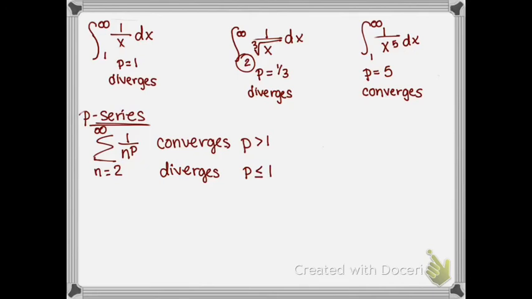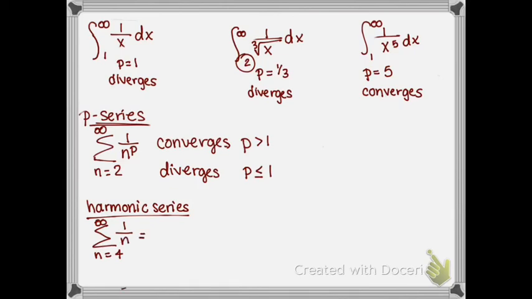One more quick little tidbit. The harmonic series is a special kind of p-series. It's the one where p is equal to 1. It doesn't matter where we start counting, n equals 1, n equals 3, n equals 4. But the harmonic series is 1 over n.